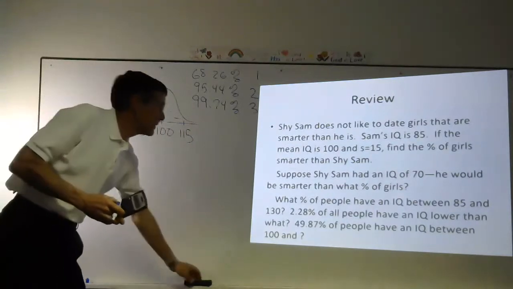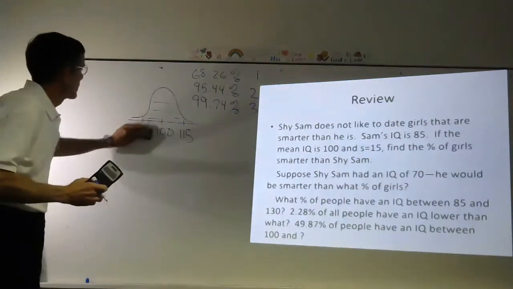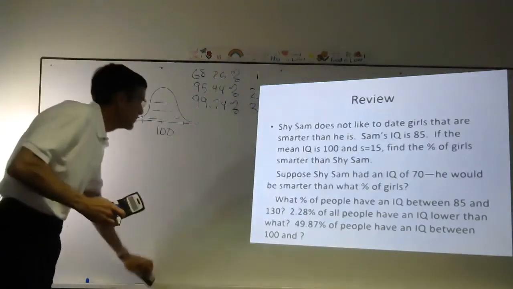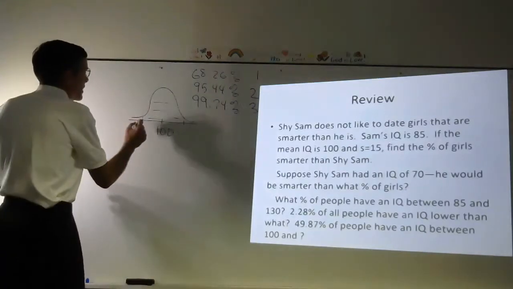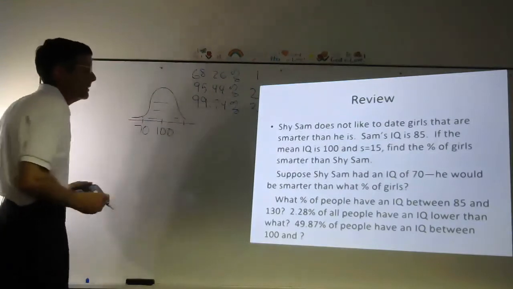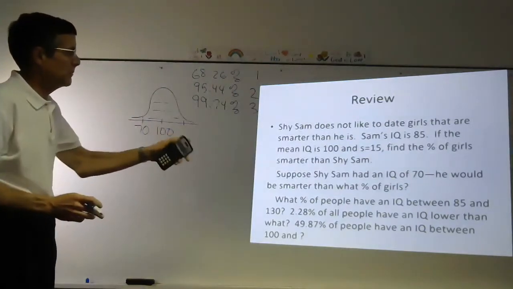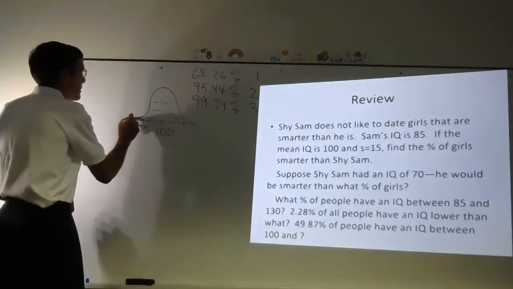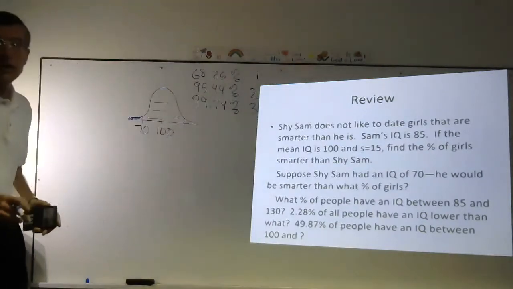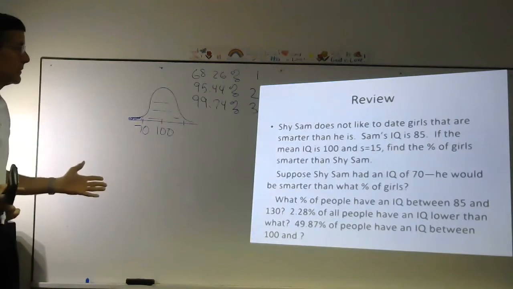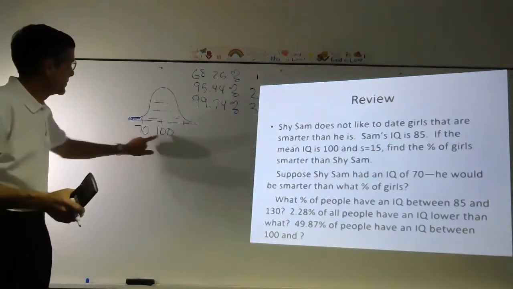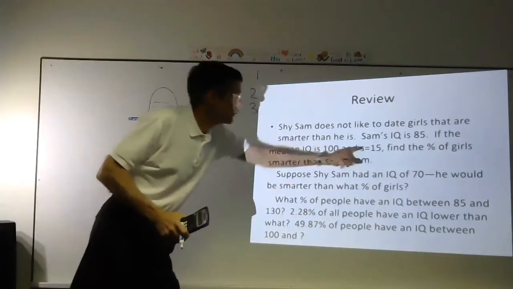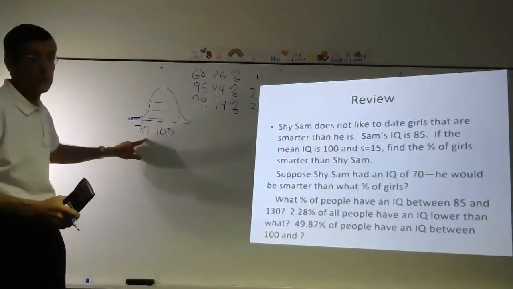Suppose Shy Sam had an IQ of 70. All right, so let's start over. Suppose Shy Sam has an IQ of 70. He's right here. We want to know he would be smarter than what percentage of the girls. So now we're interested in that region down there. So let's start all over again. 70, would you agree that it's 2 standard deviations below?